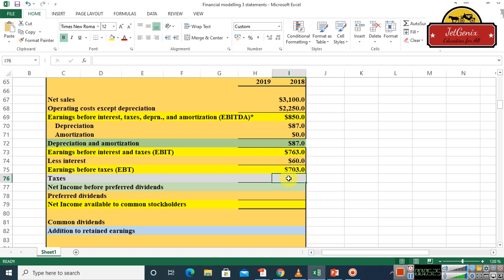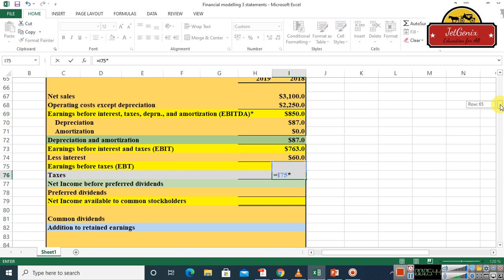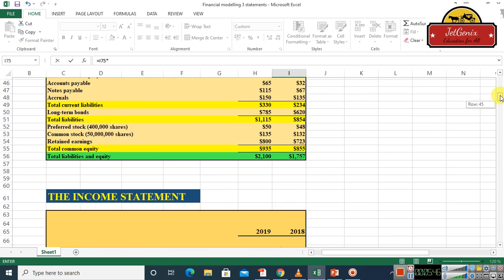So I'm going to calculate it like this: equal, and I will select the earning before tax, which is here, and then multiply it by the tax rate. And tax rate we have given in the very beginning before constructing the balance sheet.